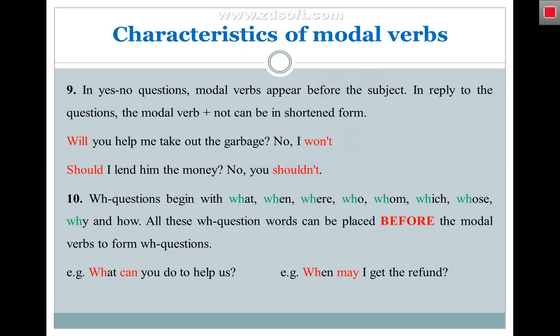So, what can you do to help us? The WH question word comes at the beginning, followed by the modal. What can you do to help us? When may I get the refund? When may I: the WH question word is followed by the modal verb.